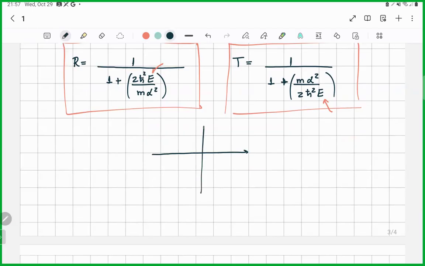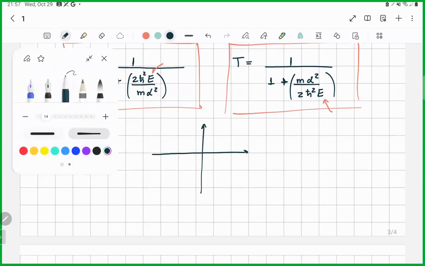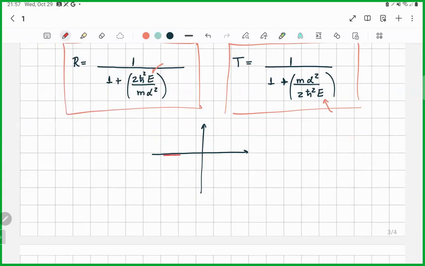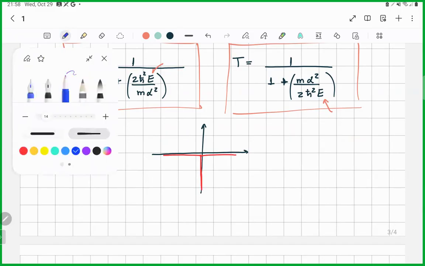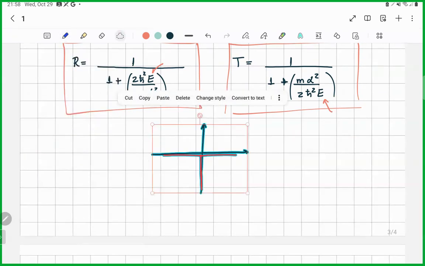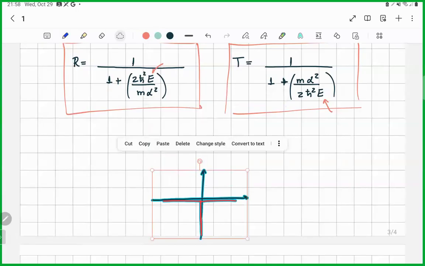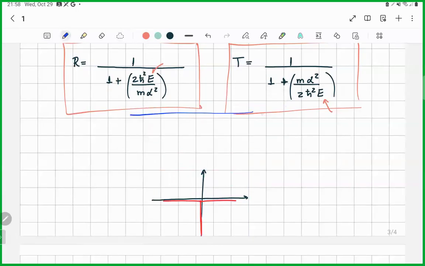Again, let's remember, we have here our potential. If the energy is huge, so let me try to exaggerate things here. If the energy is enormous, far away, what is going to happen to the reflection and transmission coefficients, mathematically?